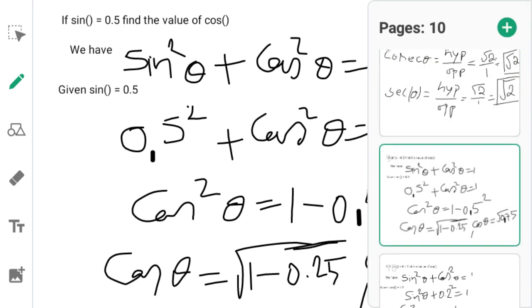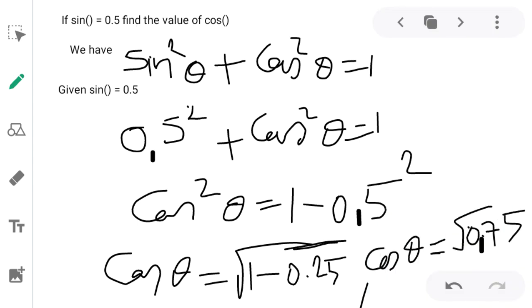If sin theta equals 0.5, find the value of cos theta. The value of sin theta usually lies between 0 and 1, and the maximum value of sin theta is 0.99. Similarly, the maximum value of cos theta is also 0.99. So here the problem given is, if sin theta equals 0.5, find the value of cos theta.